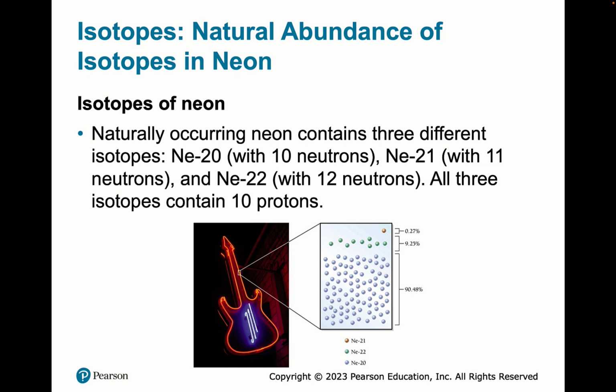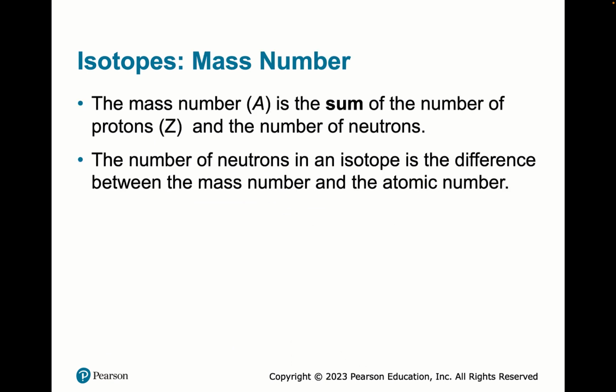Also note that even numbers of nucleons tend to be more stable. With protons, you can't change them. If you change the number of protons of an element, you change the element itself. But even numbers of neutrons and protons, we'll talk about radioactivity later, tend to be more stable. So this was in terms of the nuclear chemistry. The total mass number is the sum of the protons and neutrons. Z is the protons. It's the charge of the nucleus as well.